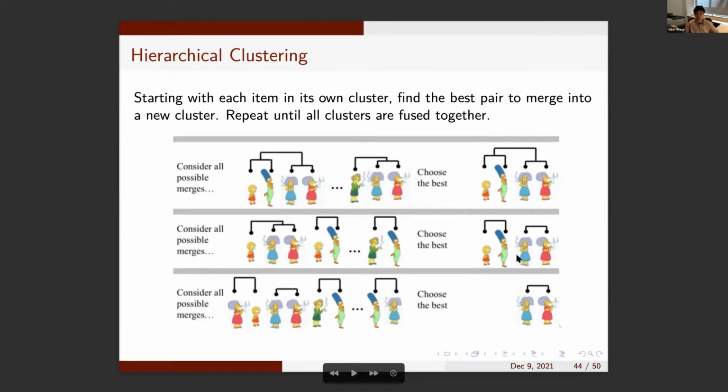We just keep moving up until all points are in one cluster. Then we can decide where to cut. If we cut here, we will end up with 3 clusters.